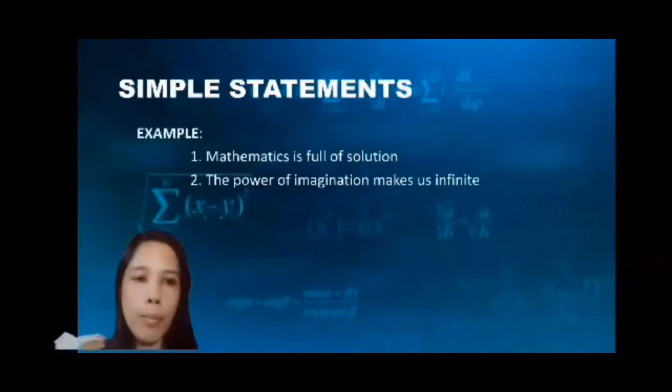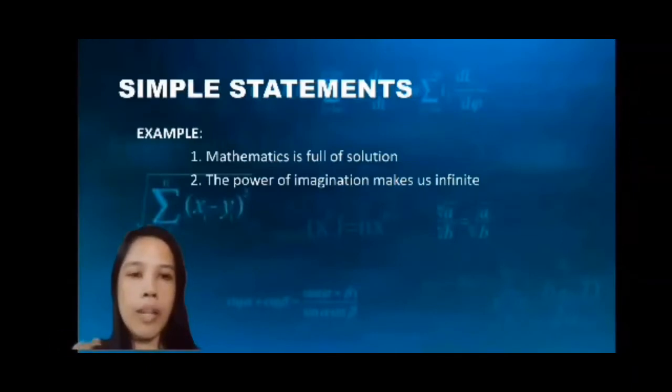Have the example of simple statement. Number 1. Mathematics is full of solution. The subject is mathematics. Full of solution is the predicate. Example number 2. The power of imagination make us infinite. Power is the subject and infinite is the predicate.